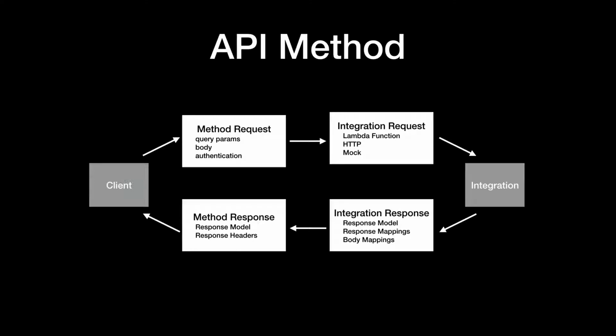There you decide, what do I want to do with it? Do I want to call a Lambda function or just proxy it to another HTTP function? And when you get the response from whatever it is you're calling, you can again map that to something else, or just return it like that. That's the integration response. And then with the method response, you can add extra headers and such to your response.